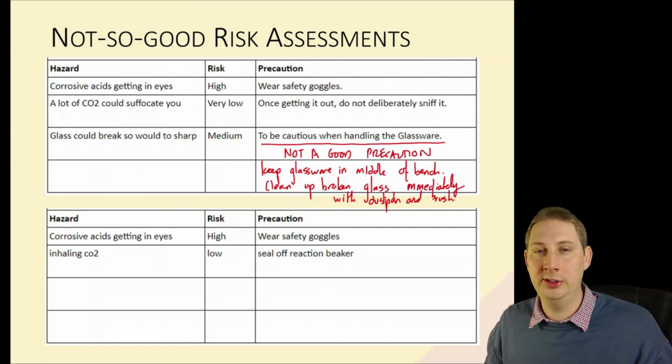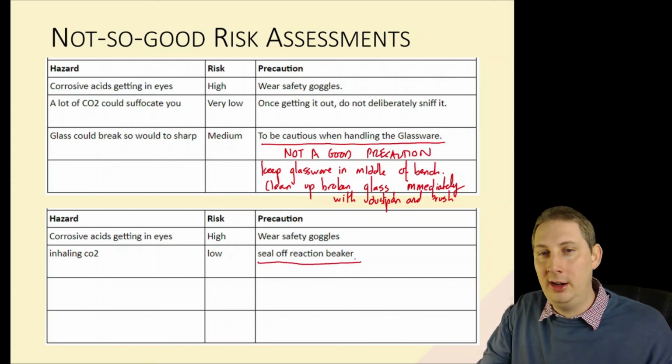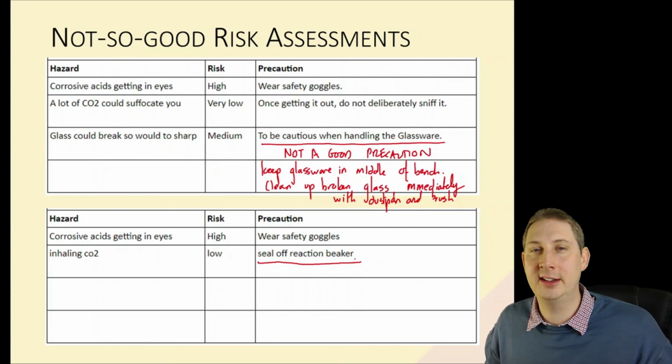The next one, just one hazard here, inhaling CO2, low risk, seal the beaker. Well, by sealing the beaker, aren't you increasing the risk of the beaker exploding? So actually what you've done is you've turned a low risk hazard into a much higher risk hazard by sealing the beaker. So do be careful.